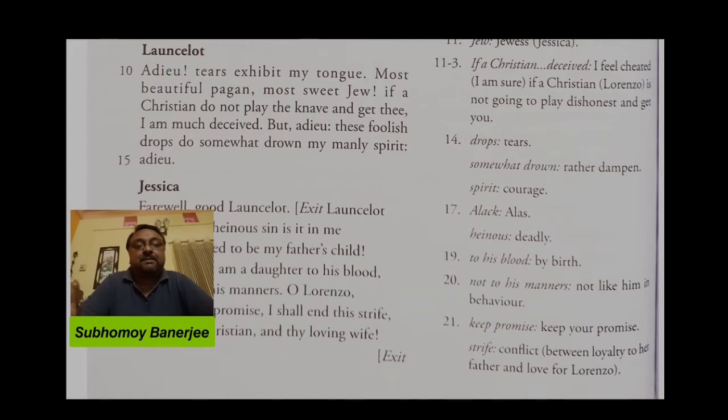So a pagan is a person who enjoys life, who wants to break free from all the restrictions and live life according to his or her own choice. So such a person is called a pagan. So you are such a beautiful pagan because Jessica is very beautiful, most sweet Jew, and by nature also you are a very sweet Jewish girl.